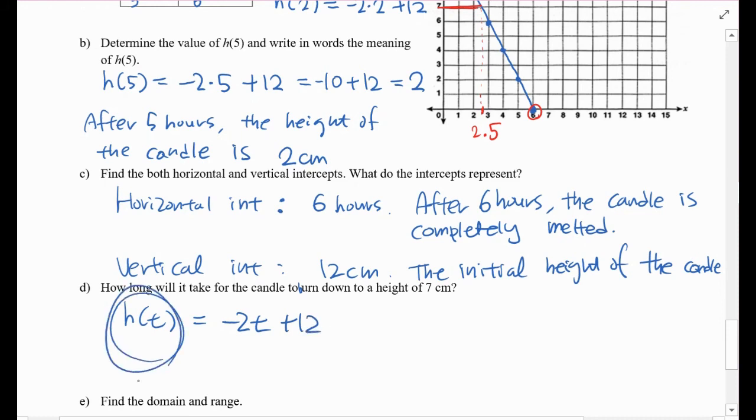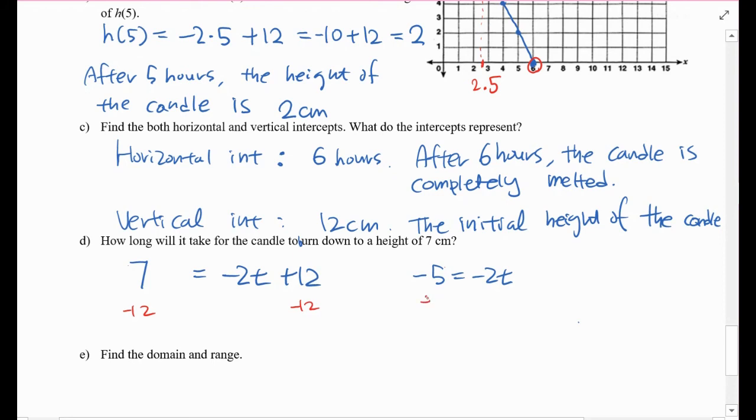The height is 7 centimeters, so we let h of t be 7. So 7 equals negative 2t plus 12. Minus 12, then that becomes negative 5 equals negative 2t. Now you divide both sides by negative 2, then it becomes 2.5 equals t. So after 2.5 hours, the height of the candle becomes 7 centimeters. So 2.5 hours is the answer.